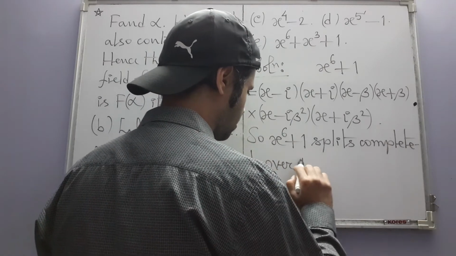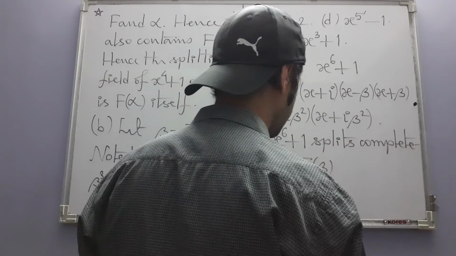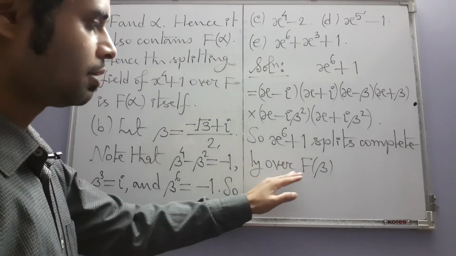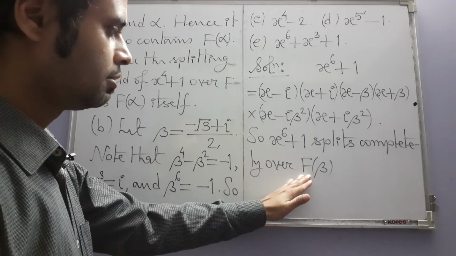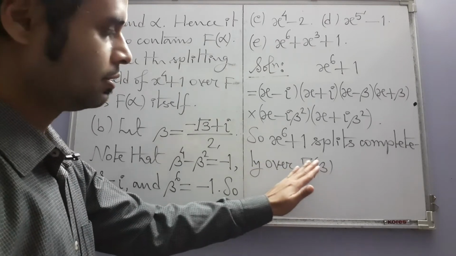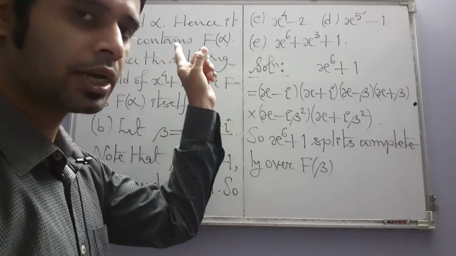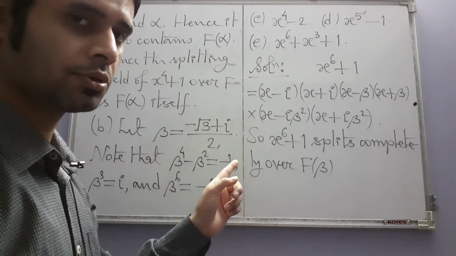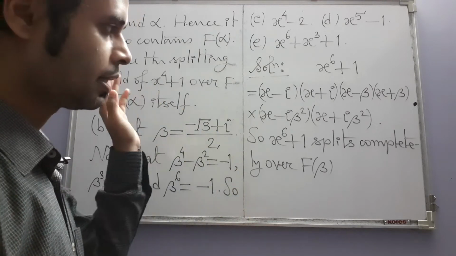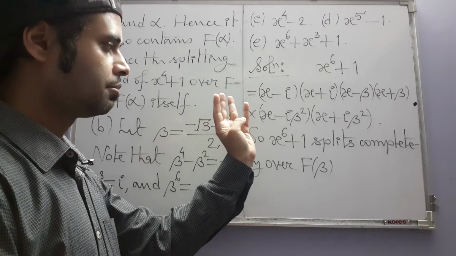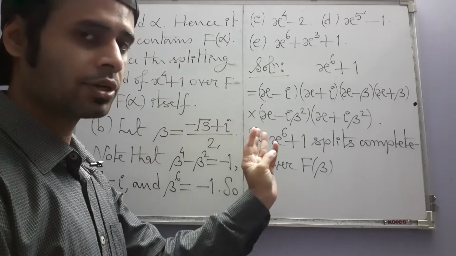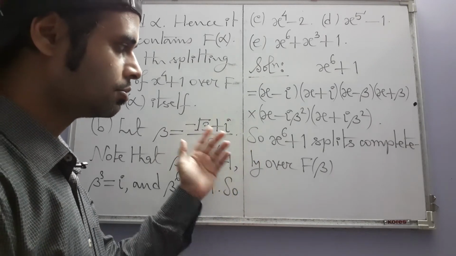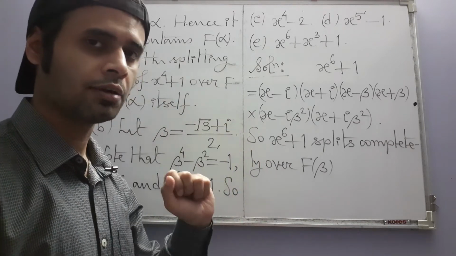over F beta, just like before, but there is a problem. I mean, it's not a problem, but you just see, when we say this thing F beta, or previously we had F alpha, it actually contained all the roots of x to the power 4 plus 1, that polynomial, and the roots were alpha, minus alpha, alpha cube, minus alpha cube. We could immediately see that all of those roots belong to F alpha.